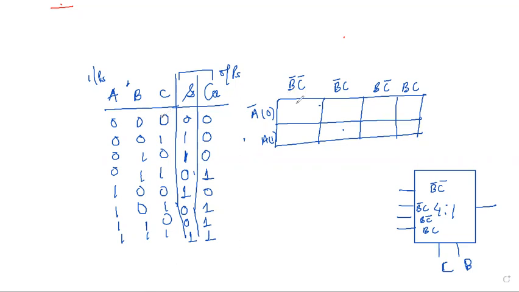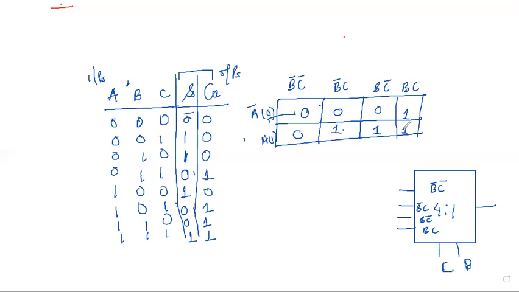Corresponding to this, your output is 0. So carry is 0 in this case. For the second row, again, it is the fifth row. It is again 0. Next it is 0, 1, 0, 1, 1, and 1.